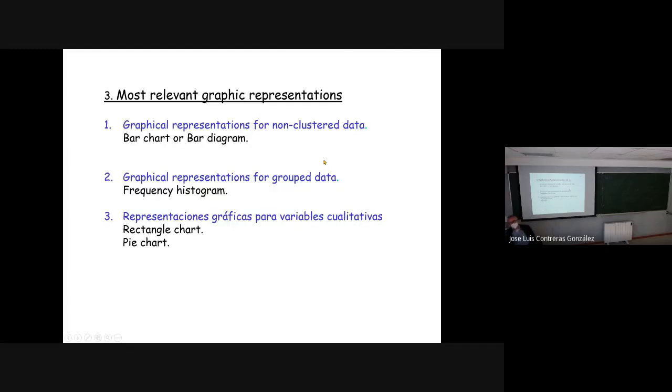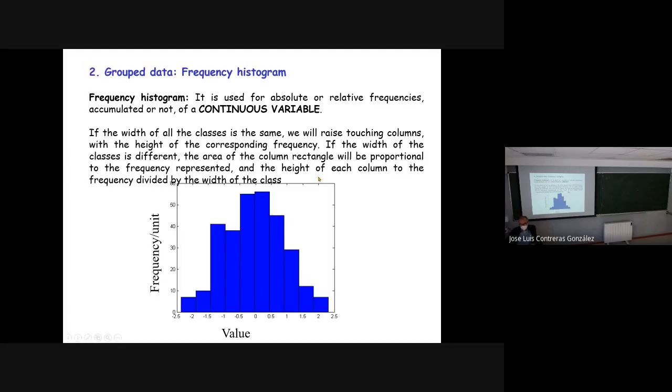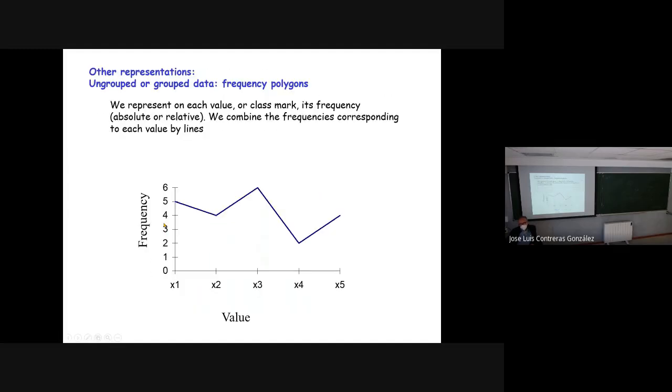Good. So instead of using this, we could use different representations. You have many of them. This is the one we already saw. This is the one we also saw for continuous variables. This is sometimes called the frequency polygon, where you join the points with a line like this, instead of making bars.